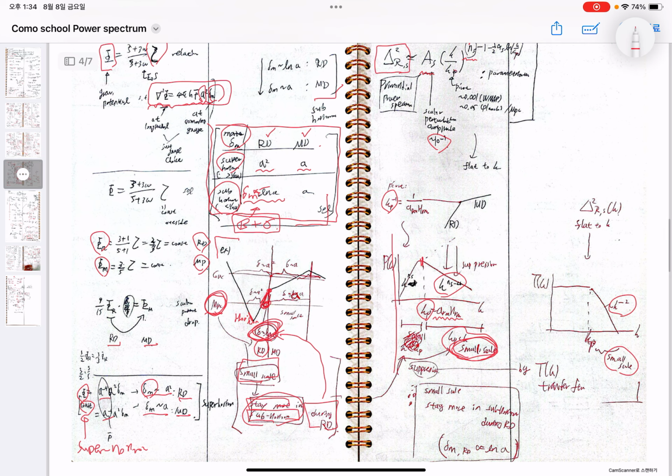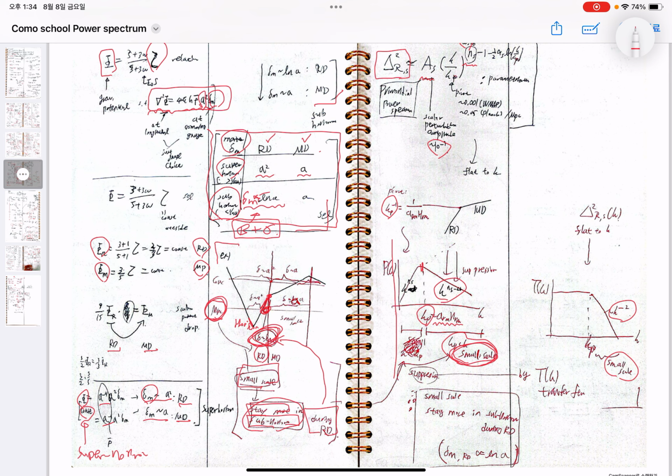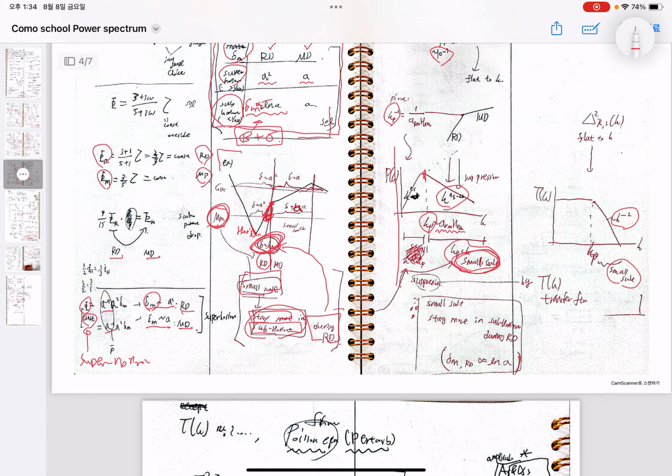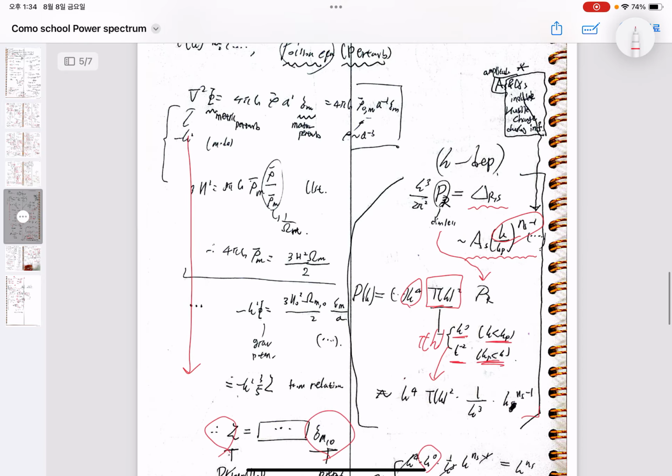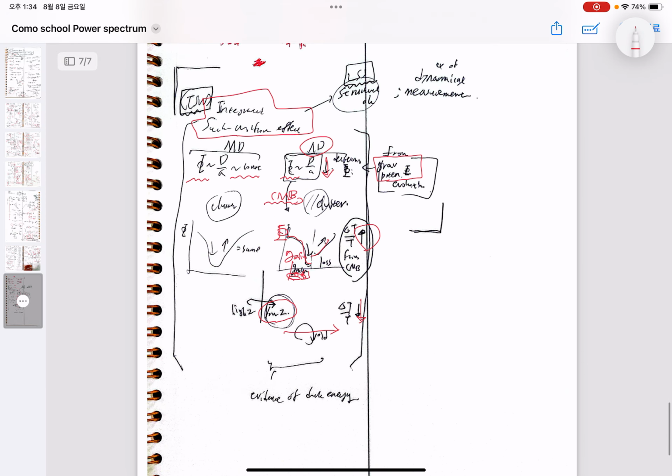And also the density fluctuation, especially the matter one, evolves with the scale factor. In the case of radiation and matter dominance, it depends on each k mode, super-horizon or sub-horizon. So this is the power spectrum, and then maybe the remaining one is the linear perturbation part 1 for this cosmology school.